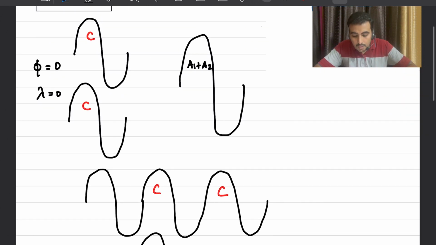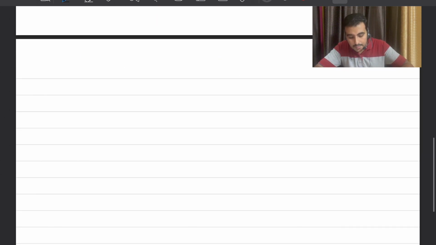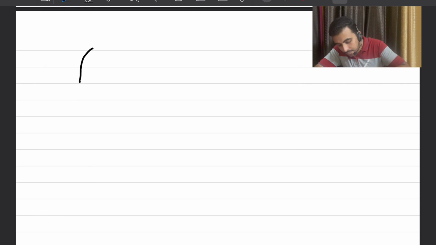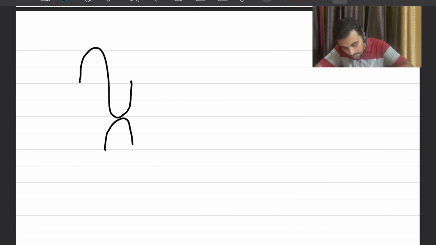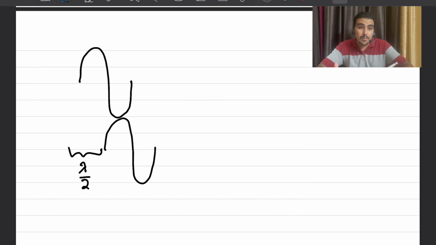Now, what if the wave, instead of starting from the same phase, started from a 180-degree phase? So let me draw that. So here, this is the first wave. Instead of starting from the same phase, the second wave is going to start from a 180-degree phase shift. 180-degree phase shift means basically it's starting from a lambda by 2 path difference.